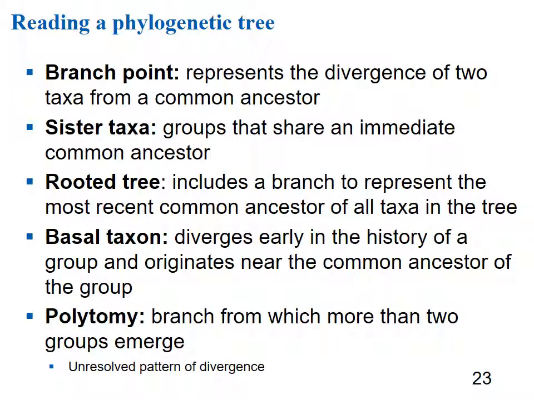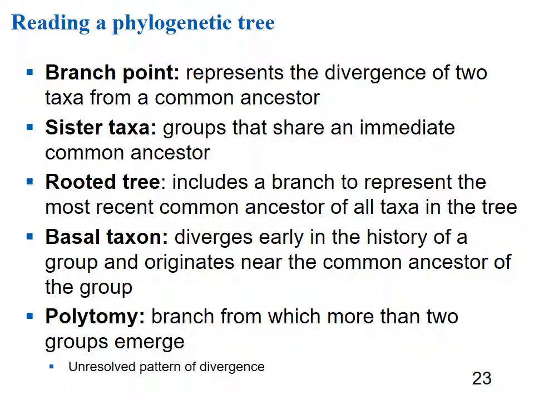When we look at phylogenetic trees, there's some terminology we can talk about, and then we'll look at an actual tree on the next slide. The branch point represents where two different taxa diverge from a common ancestor. Sister taxa are groups that share an intermediate common ancestor. A rooted tree is a tree that includes a branch to represent the most recent common ancestor of all the taxa in that tree.